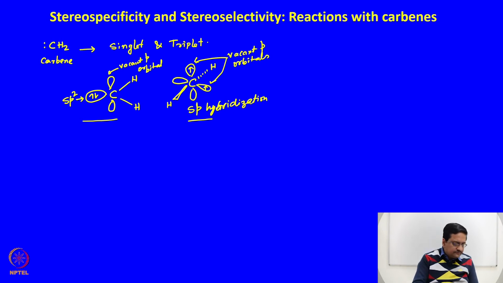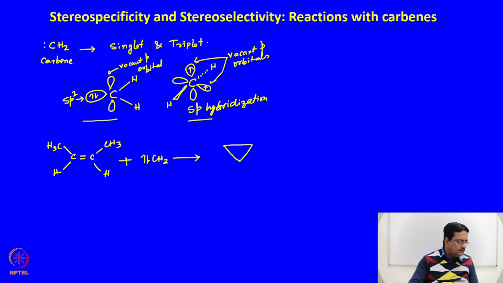So if we use a cis compound, rather cis-2-butene, using the singlet carbene, it forms the cis dimethyl compound.